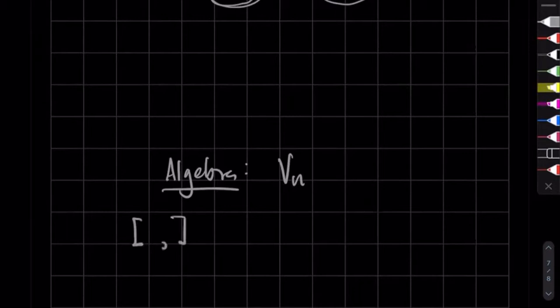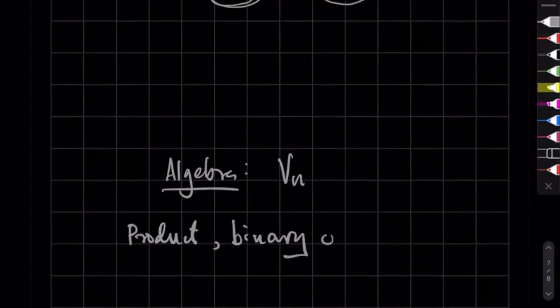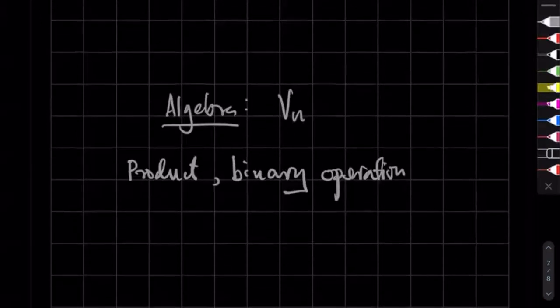So what makes it an algebra? What makes it an algebra is that there is some product, meaning some binary operation, which takes two elements of the vector space and gives you another element of that vector space, right?